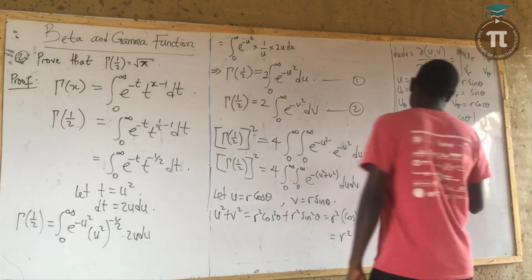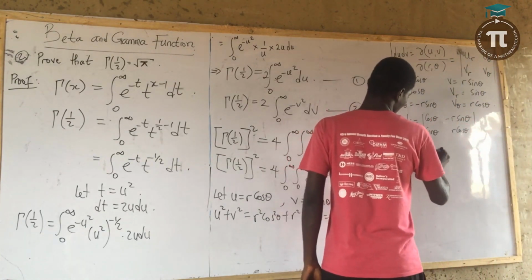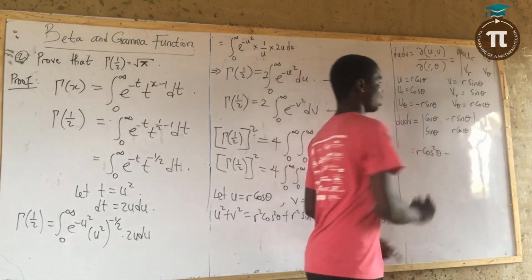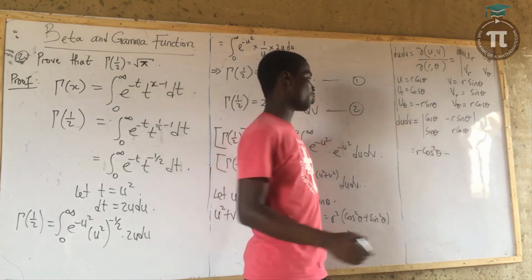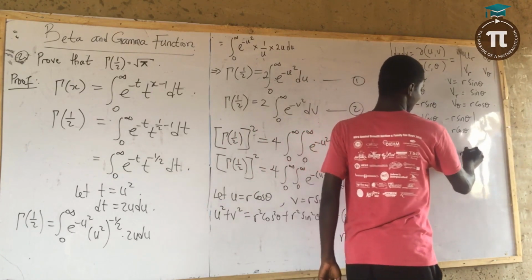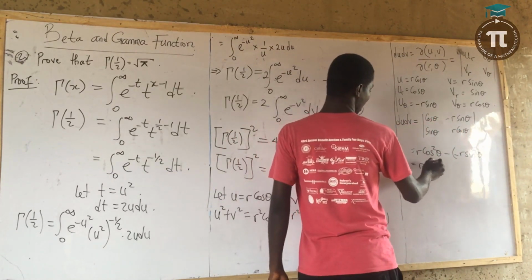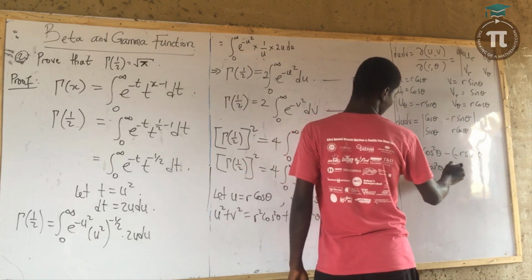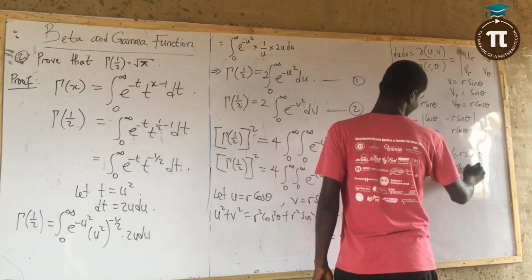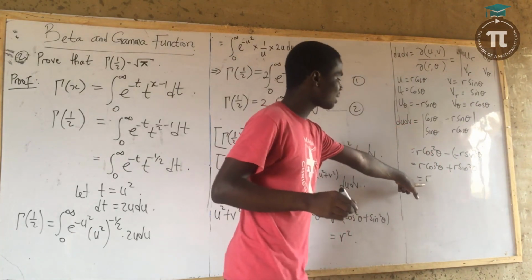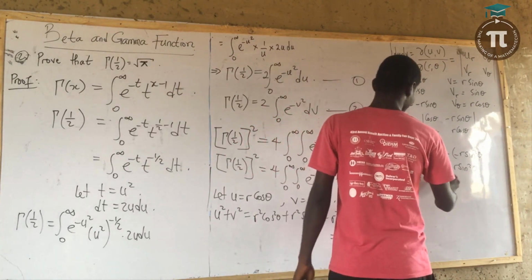We will look for the determinant. This will multiply this, I have r cos square theta, minus this multiplied by this, which gives another minus r sine square theta. So this will be r cos square theta plus r sine square theta. This one will give me r.